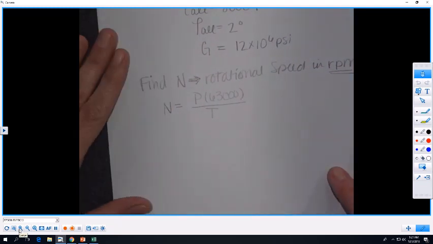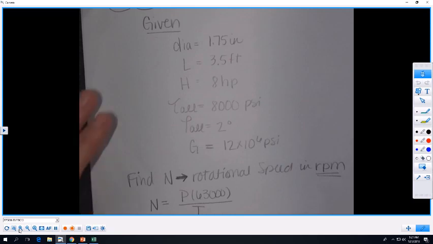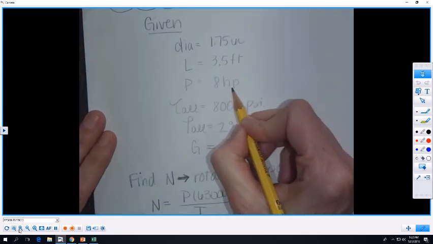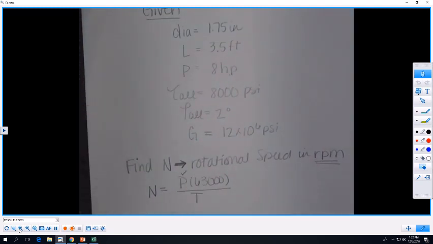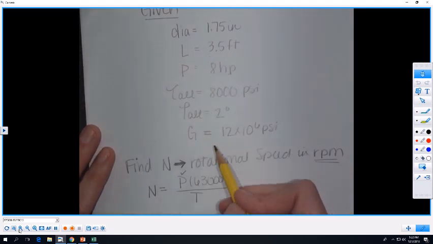Now, as we look into what was given in our problem, I have H for horsepower. This should actually be P. Our power is given to us at 80 horsepower. That's good because those are the units for power that we need here. 63,000 is just those conversion factors. And then our torque. Well, our torque is not given, is it? So this is something we actually have to solve for as well.